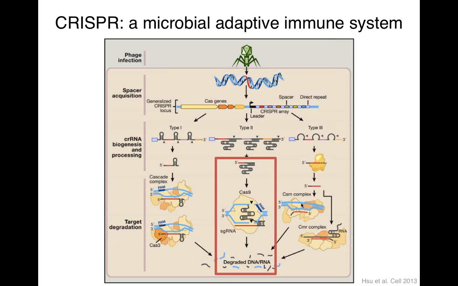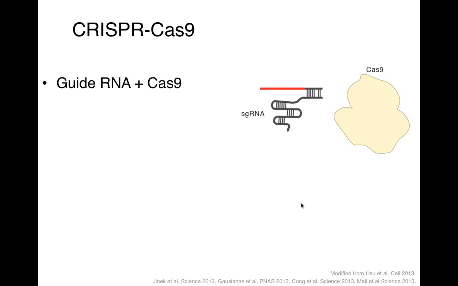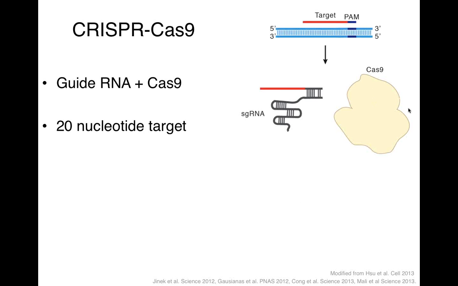So what this system looks like now is just a two-piece system. There's the guide RNA, which targets Cas9, and the Cas9 nuclease itself. And it's easy to program to any different site within the genome just by identifying a 20 nucleotide sequence adjacent to something called a PAM, which stands for protospacer adjacent motif, which is any NGG trinucleotide, which occurs about every 8 bases in the mammalian genome.